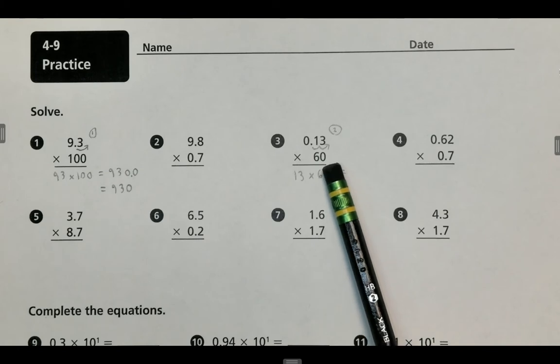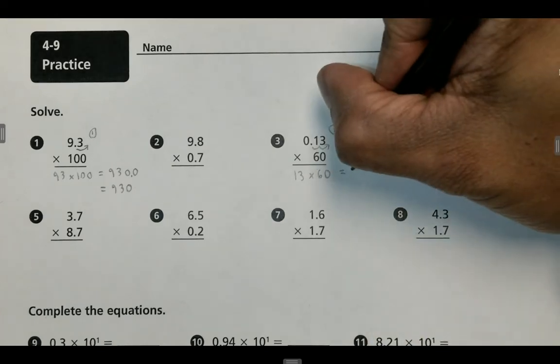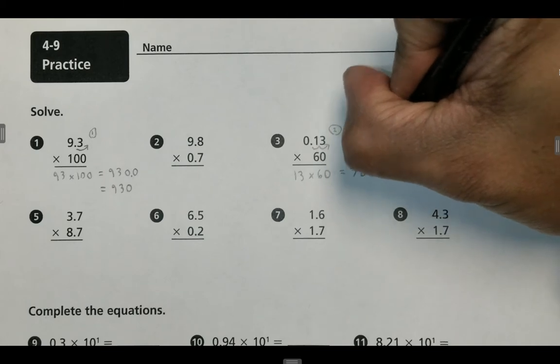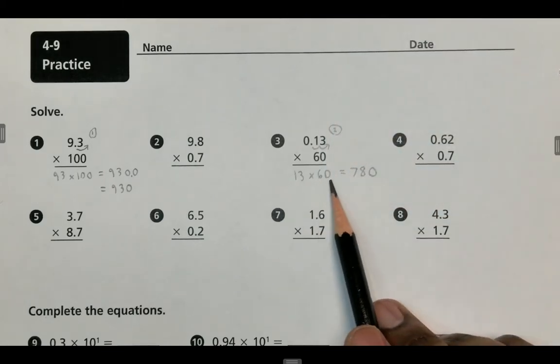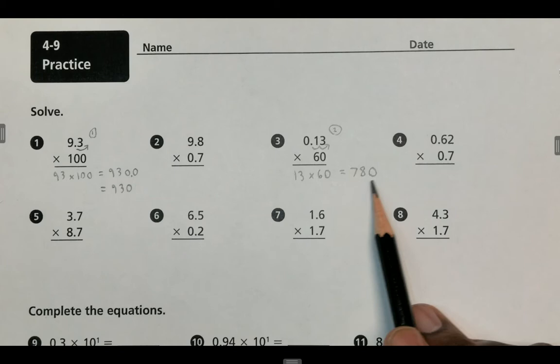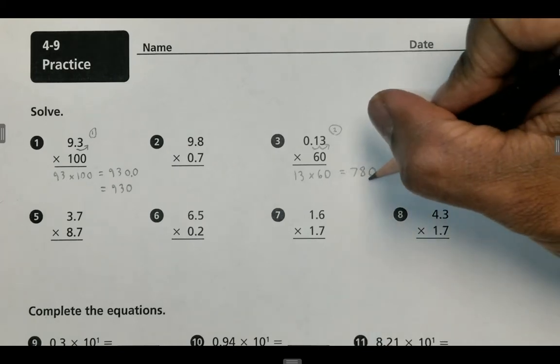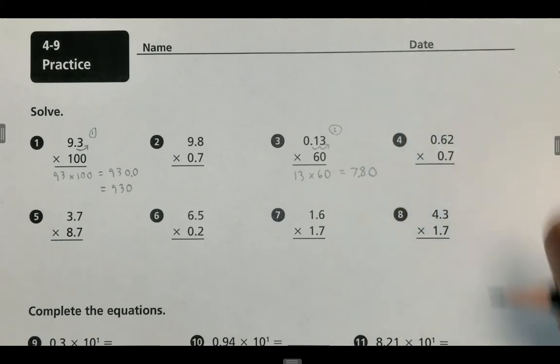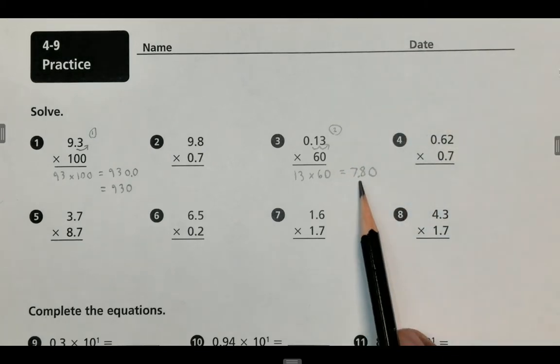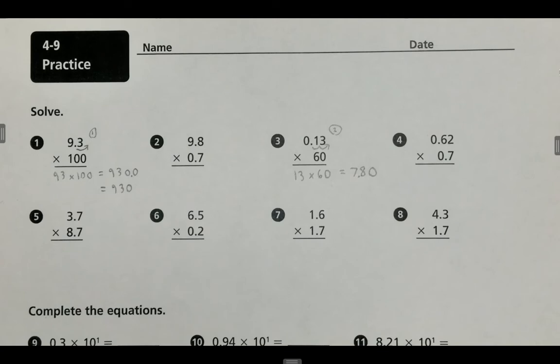So let's do that. 13 times 6, I'll help you out on this one. 13 times 6 is going to be 78. Add a 0. So 13 times 60 is 78 plus a 0. It's 780. Now we're going to come in 2 places from the end. Pew, pew! And insert our decimal point. We'll get 7 80 hundredths.